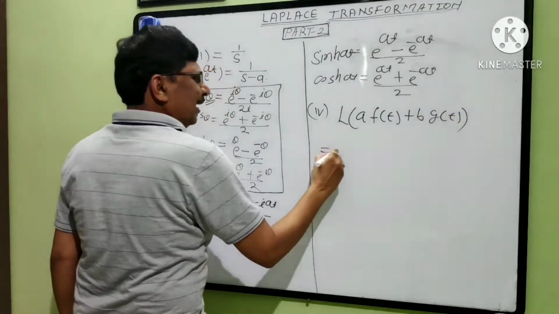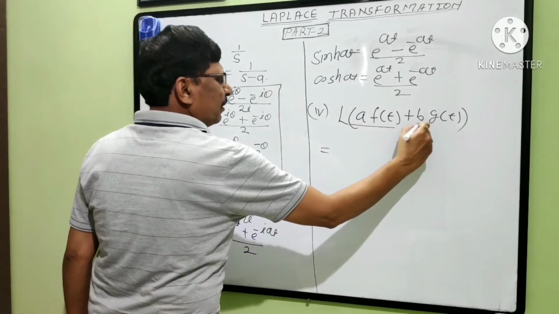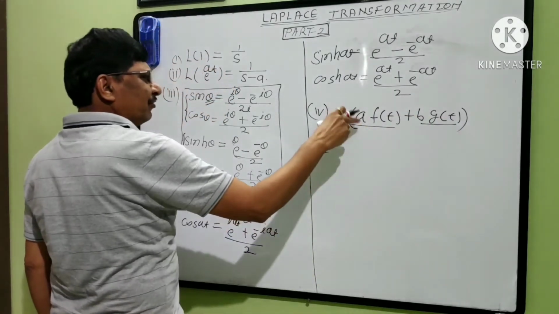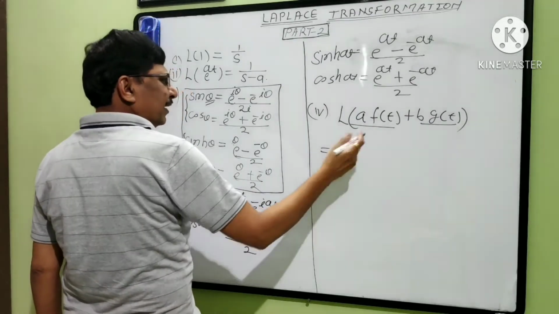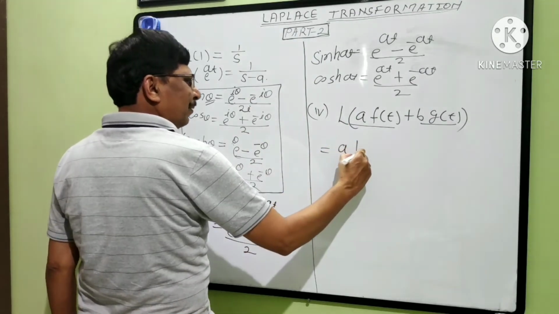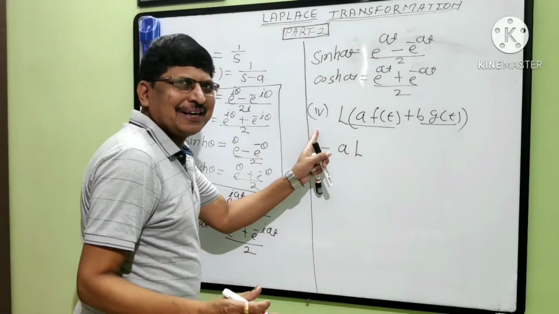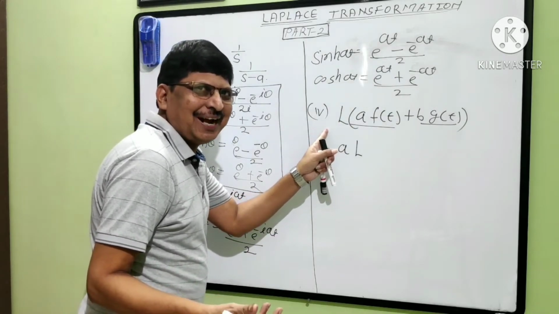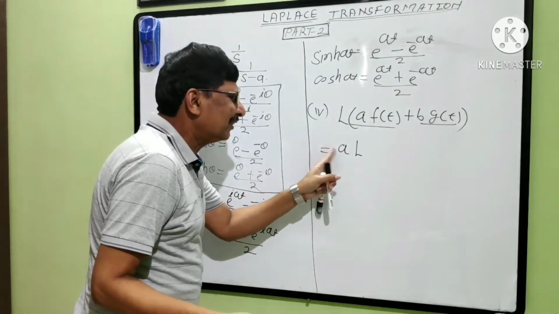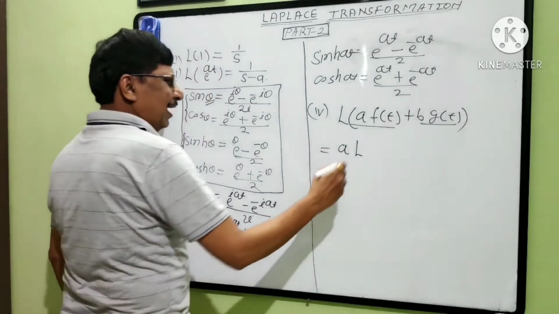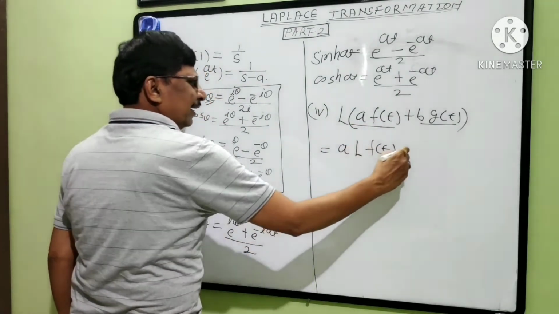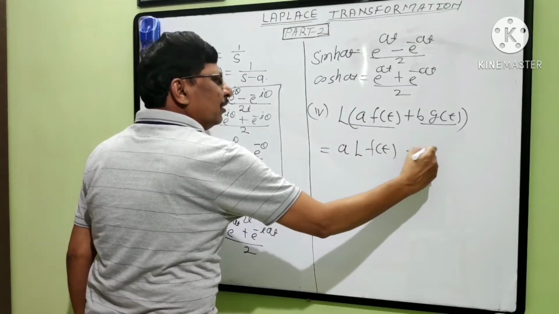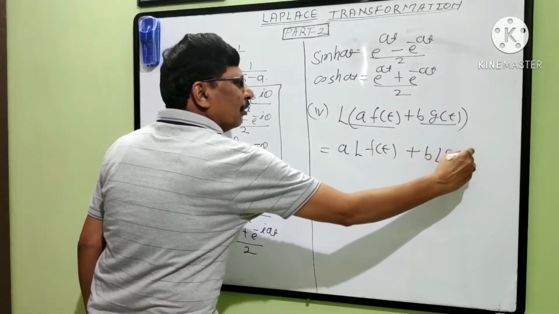If you want to find the Laplace transformation of f of t plus g of t, and there are constants in multiplication, then according to this property you take a outside the Laplace transformation, because Laplace transformation means integration, and in integration we can take the constant outside. So a into the Laplace transformation of f of t, and b into the Laplace transformation of g of t.